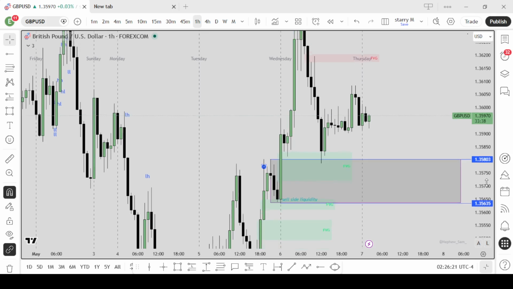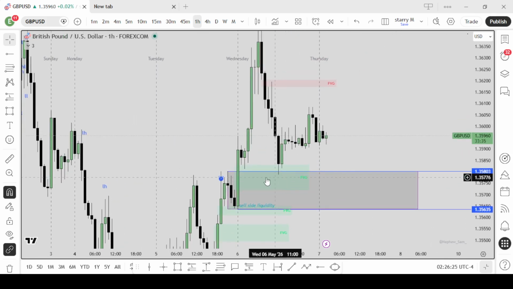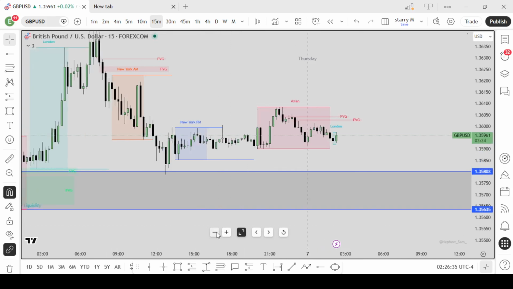Okay, since it's already been mitigated here, we are going to go on the 15 minutes and look for market structure shifts.